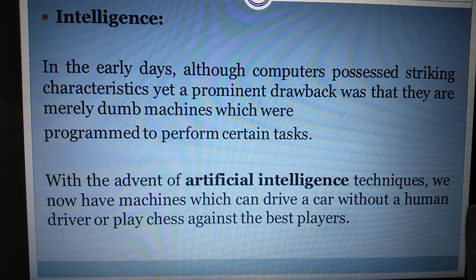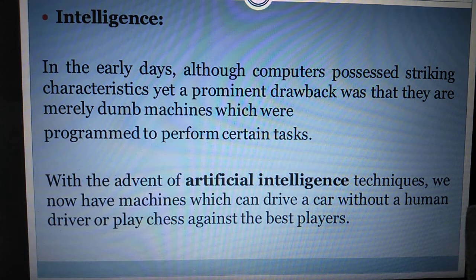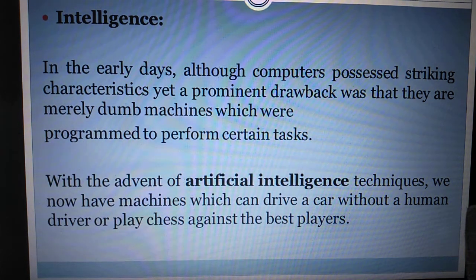The last property is intelligence. In the early days, although the computers possessed striking characteristics, yet there were several drawbacks also, that they were merely dumb machines to perform various tasks only. But with the advent of artificial intelligence, now you can imagine that cars and vehicles are programmed by computers and they don't require a manual driver.